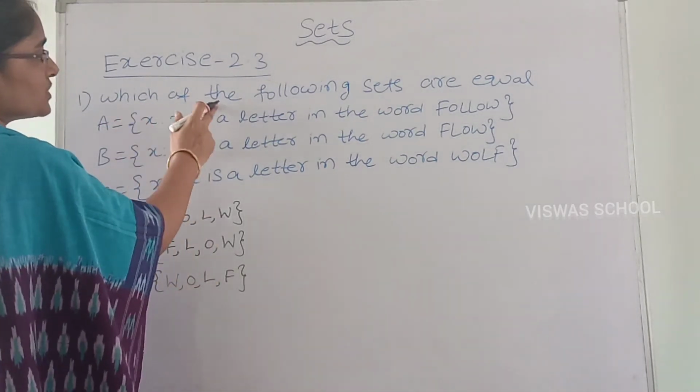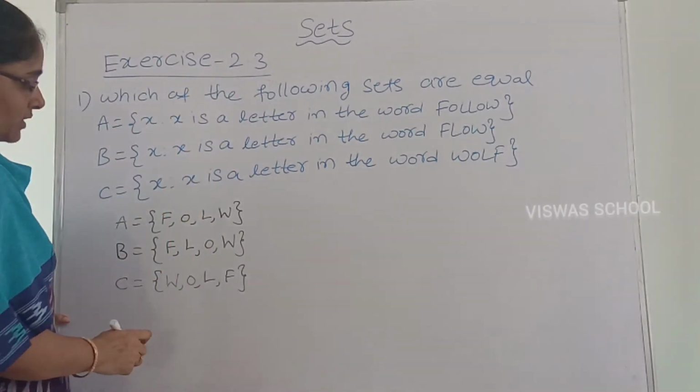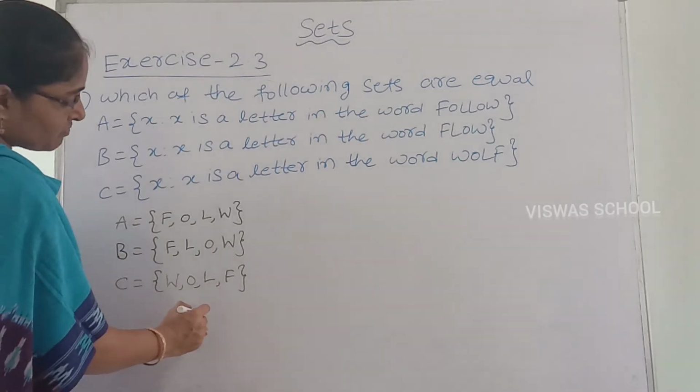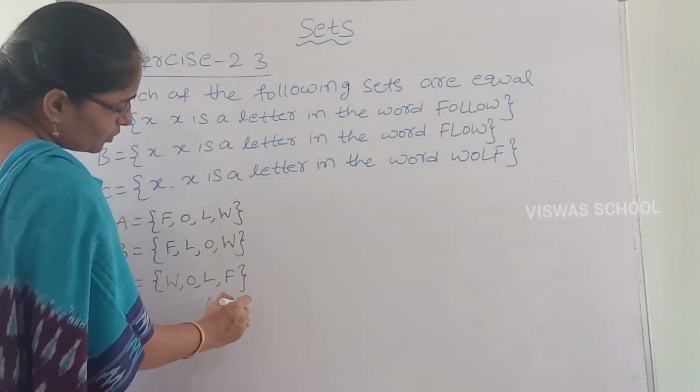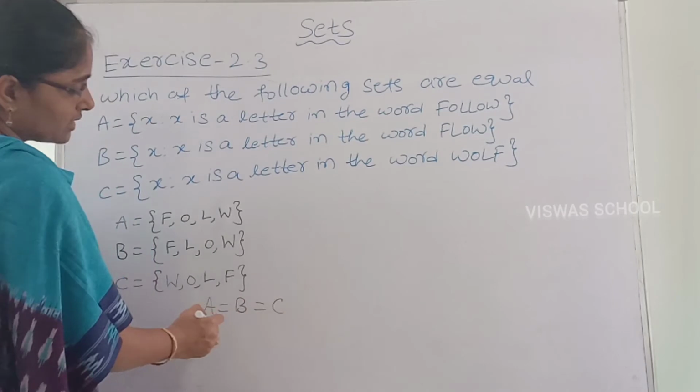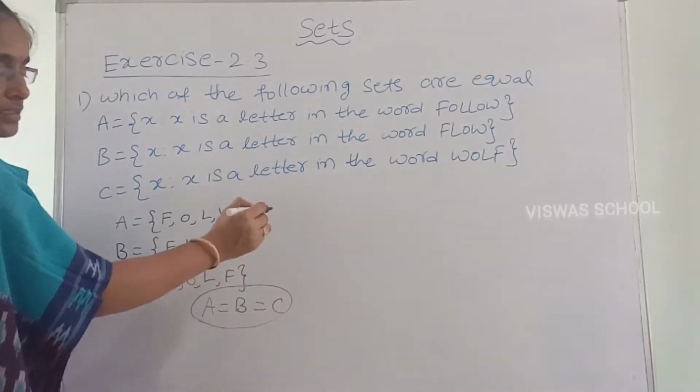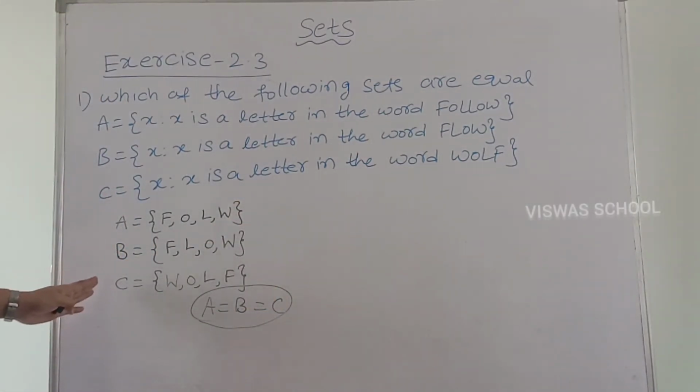The question is which of the following sets are equal? Here A equals B equals C. That is, these three sets A, B and C are equal sets.